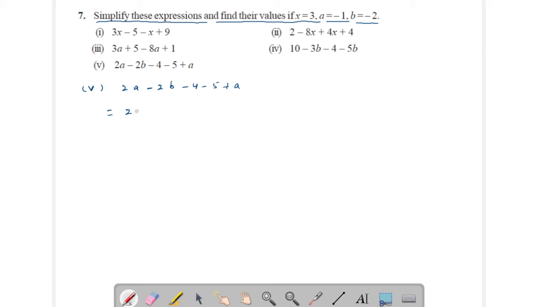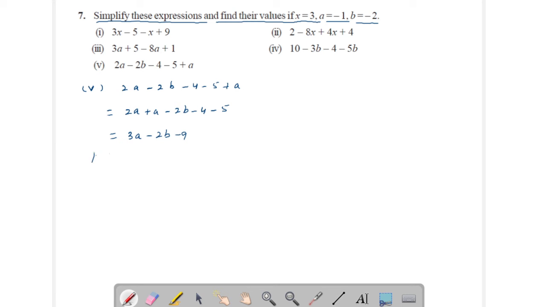It is 2a plus a minus 2b minus 4 minus 5. Solve it. 2a plus a, it is 3a, minus 2b, minus 4 minus 5, it is minus 9.